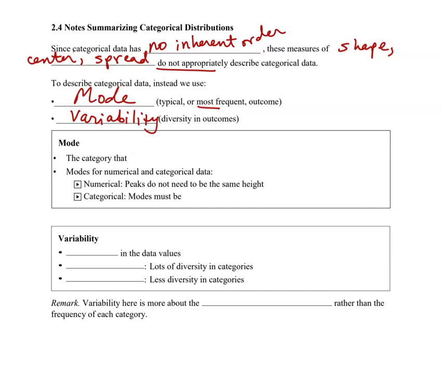The mode you can think of as the category that occurs most for the data set. Most people said they were going to vote for this candidate, or most people said they use this particular app on their phone, or whatever. That would be your mode. Whichever one is the highest bar in the graph is going to be the most frequent response in your survey.